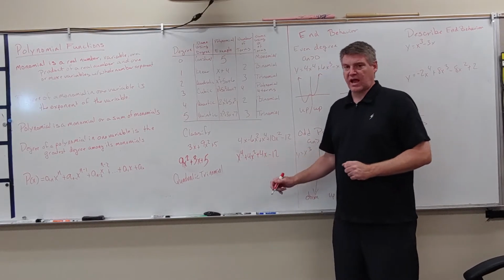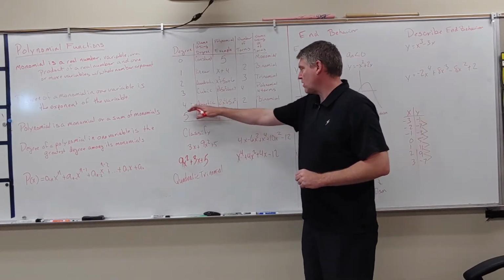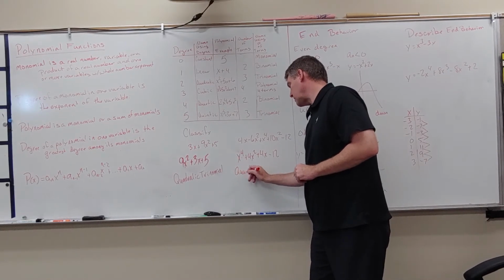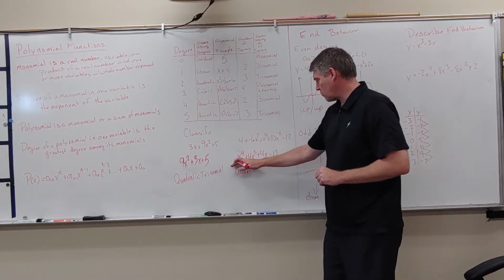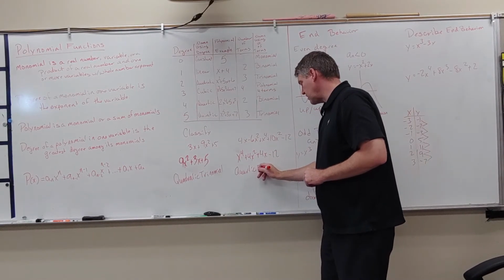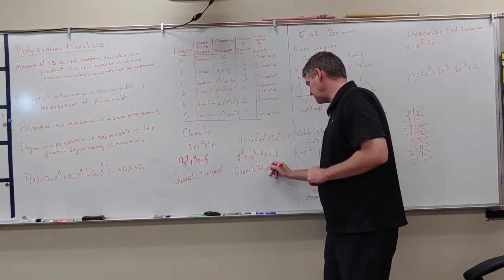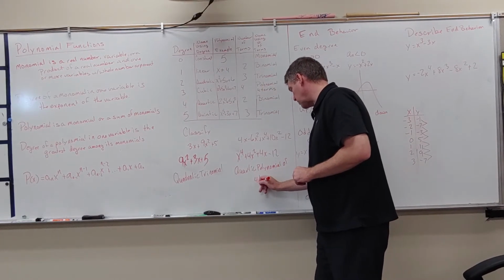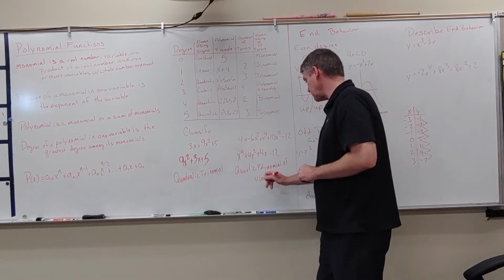So this is now a 4th power. 4th power is a quartic. How many terms are there? 1, 2, 3, 4. 4 terms is a quartic polynomial of 4 terms. Okay?